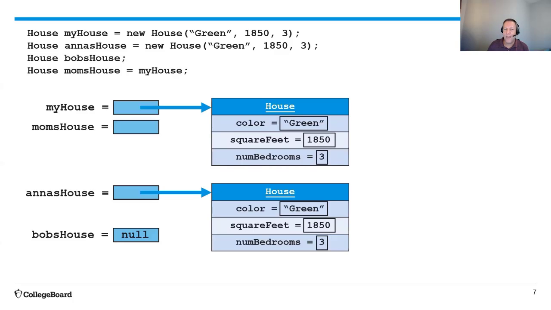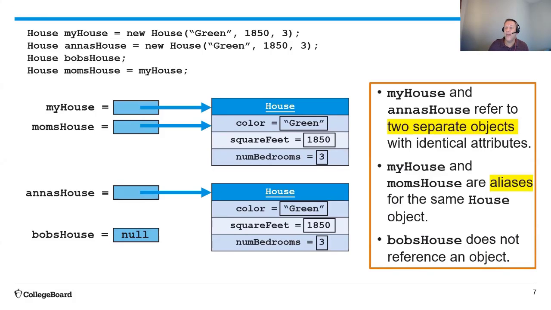But then momsHouse contains the same address that myHouse refers to. So myHouse and momsHouse refer to the same singular house object. So what we have here is that myHouse and annasHouse refer to two separate objects with identical attributes. myHouse and momsHouse are aliases, just like an author writes a book under a pen name or a pseudonym, same idea. One house, two different names, and then bobsHouse doesn't reference an object at all.